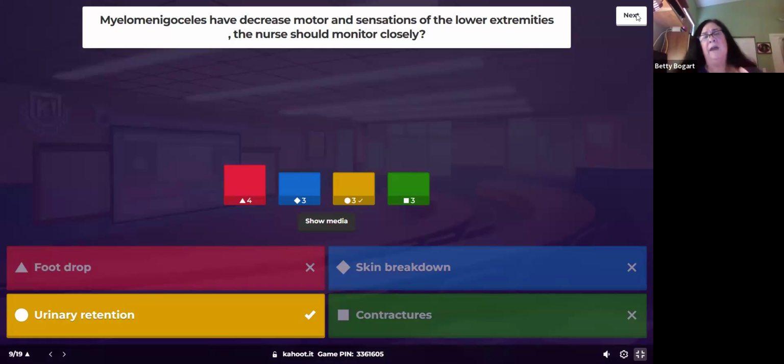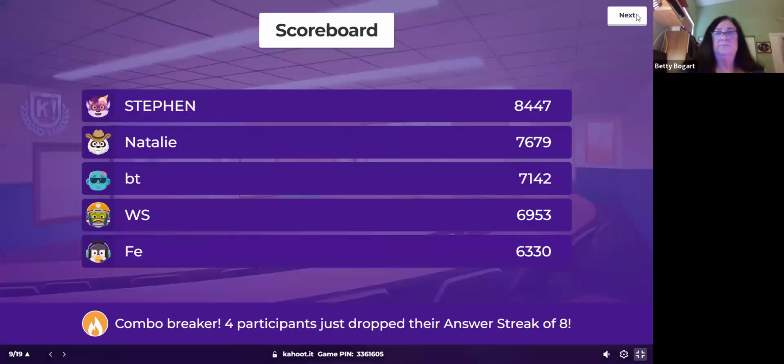Are the bowels moving? Are they constipated? These need to be monitored and documented very closely because they can rupture their bladder, and if they're not moving their bowels, that can also be a problem. Do we worry about skin breakdown? Not as much as the urine and the stools.